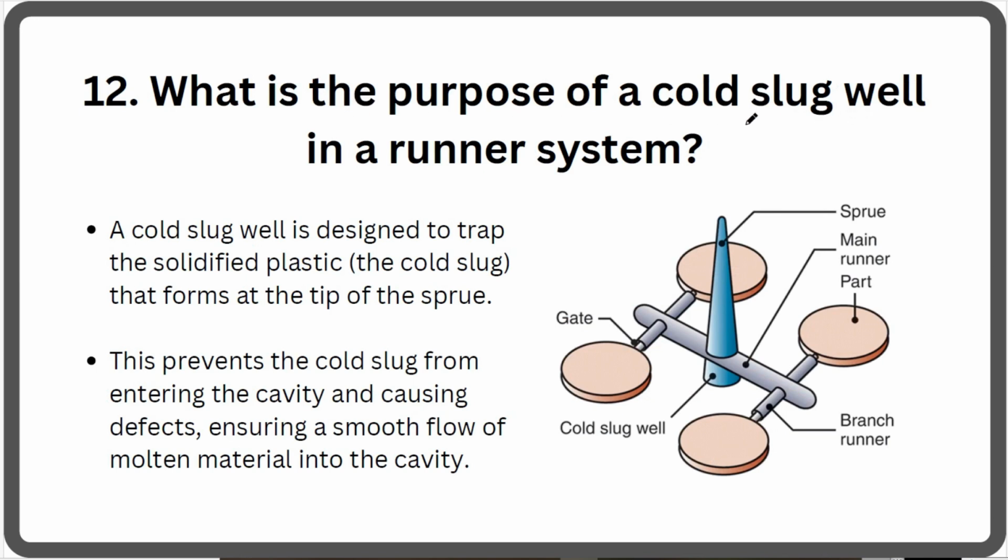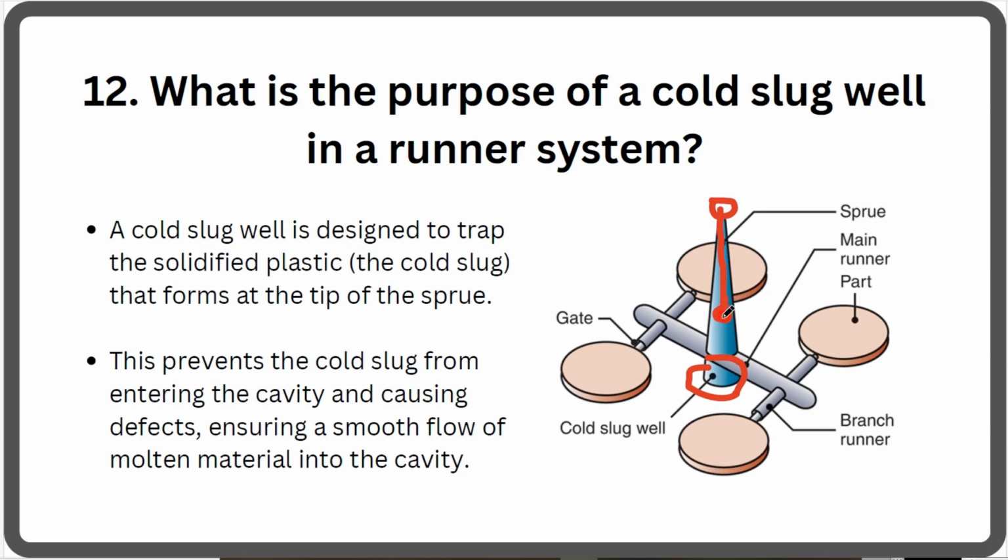What is the purpose of a cold slug well in the runner system? You can see this one is the cold slug well, the extra depth, a trapped area. From the sprue the material is coming like this, and at the tip the material is solidifying; premature solidification is happening here.